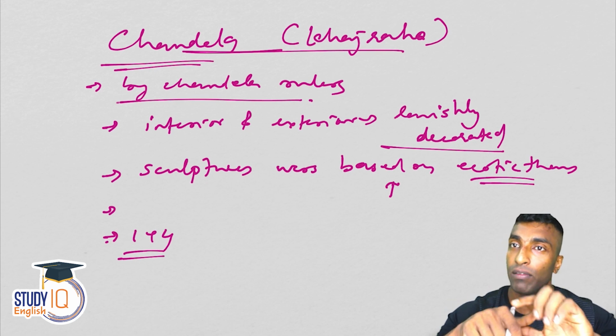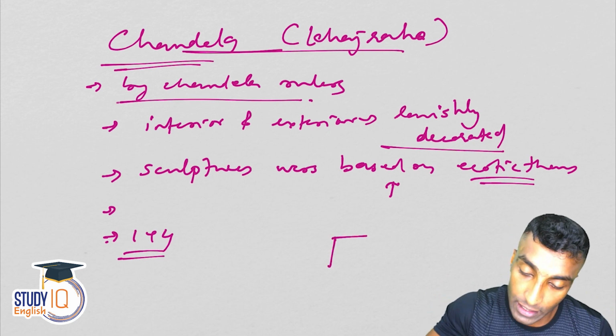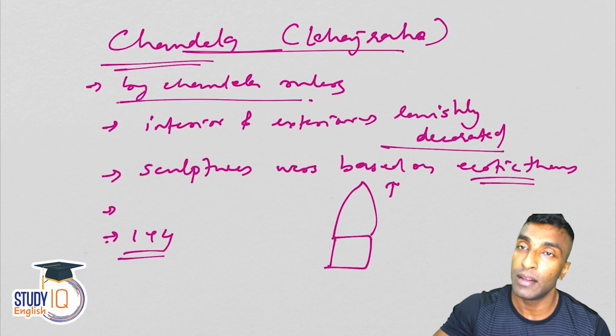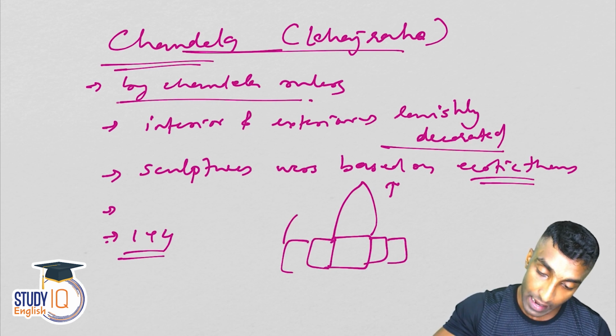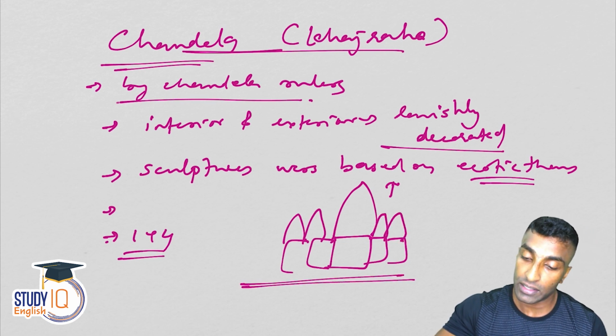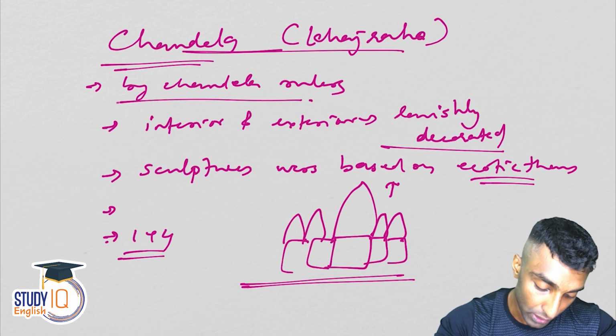The main god will have a bigger Shikhara and the small ones have small Shikharas. I'll keep my main deity here with a bigger Shikhara, and then small deities with small Shikharas. This is how the 5 gods are kept, 1+4.